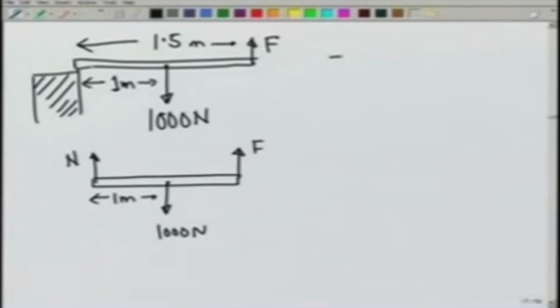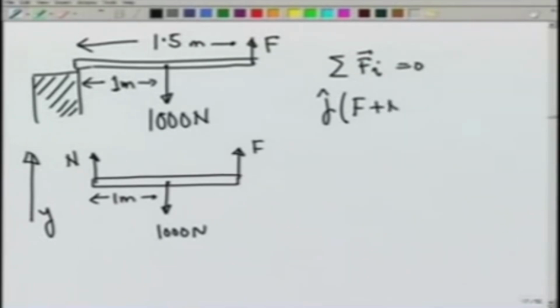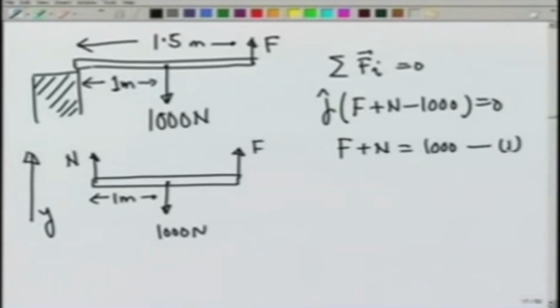So, first condition, that summation Fi is equal to 0 gives me, if I assume this to be the y direction, that j unit vector F plus N minus 1000 is equal to 0, or F plus N is equal to 1000. That is condition 1. On the other hand, torque should also be 0 about any point I take.